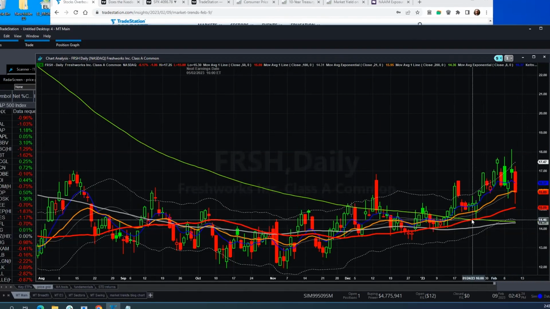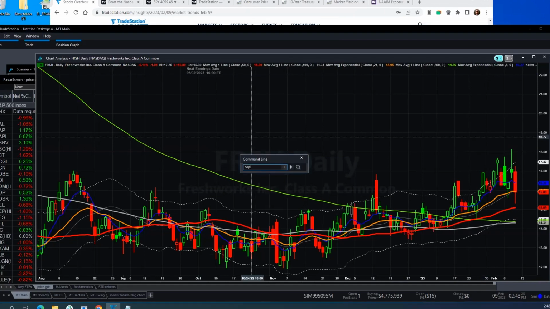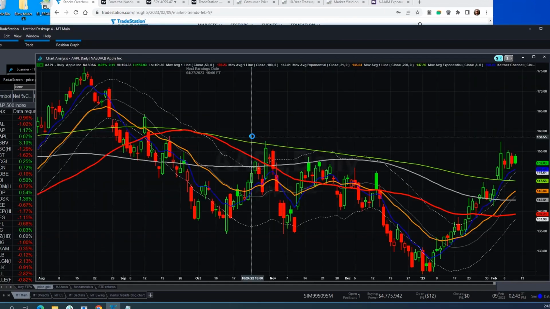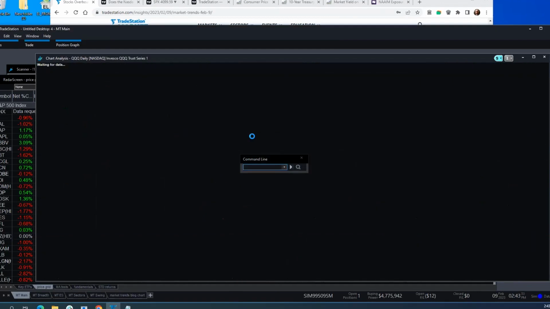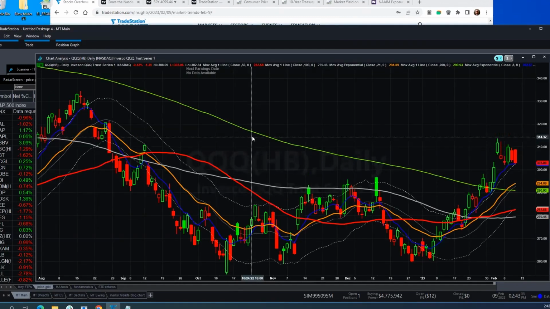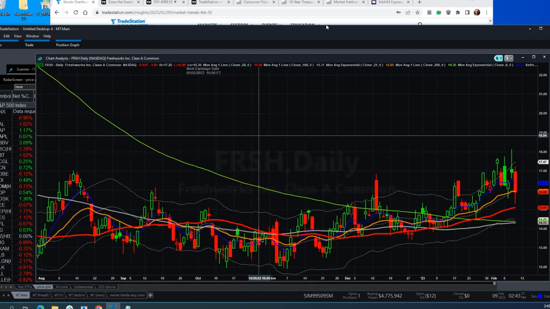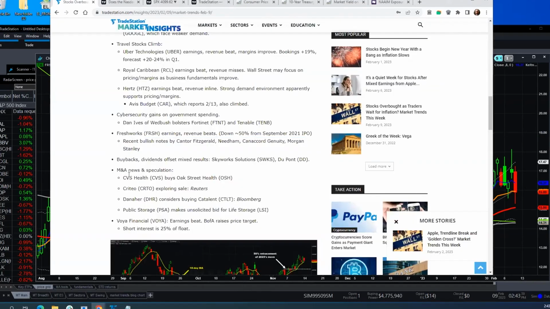It's interesting also, we had a golden cross here, the 50-day above the 200-day on this one. I wonder if Apple can say, nope, Apple doesn't have a golden cross. The NASDAQ doesn't have a golden cross, but Freshworks does. Isn't that interesting? Okay. All right.